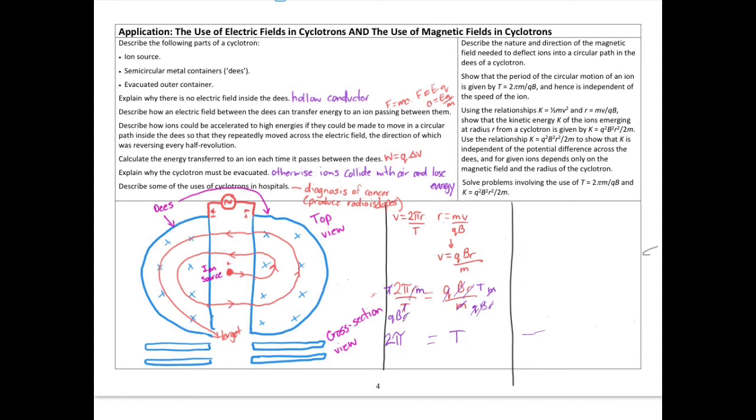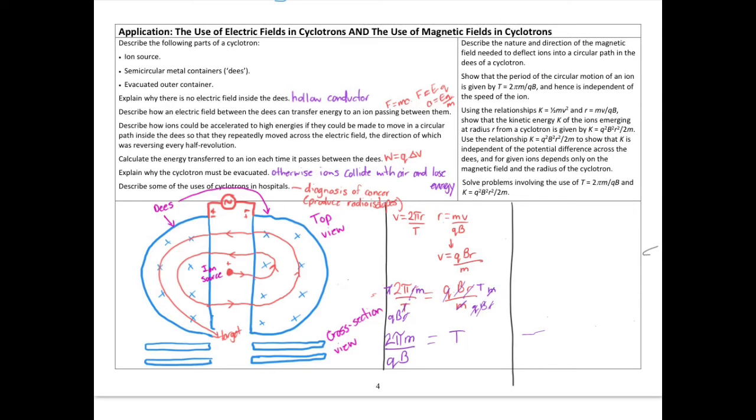I just could have cancelled the R off both sides. 2 pi M on QB. So I didn't have to divide by R on both sides to get rid of the R's because I had an R on both sides. But either way, it's okay. I'd like you to work through that derivation anyway and check it for yourself. I think you'll find it's not too difficult.